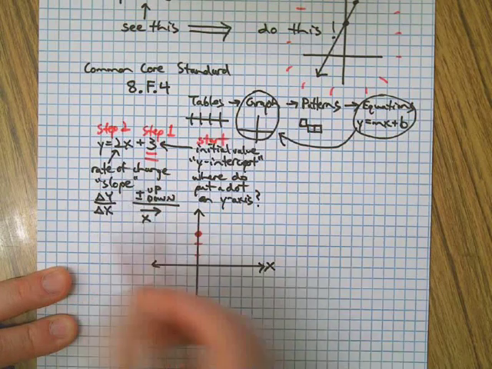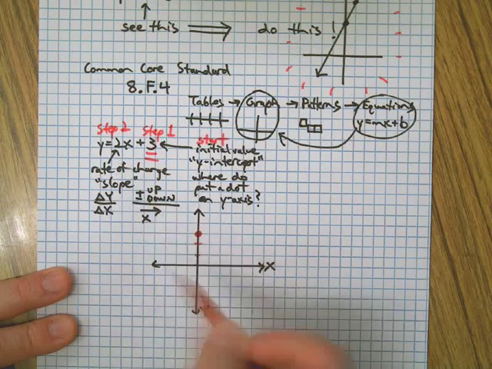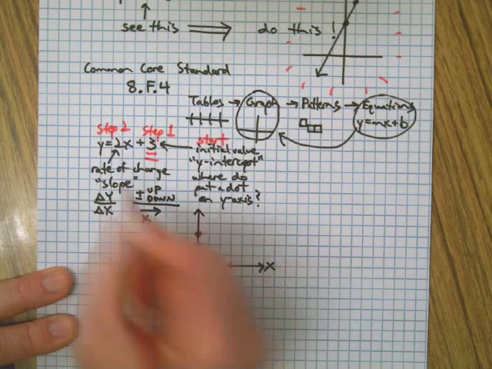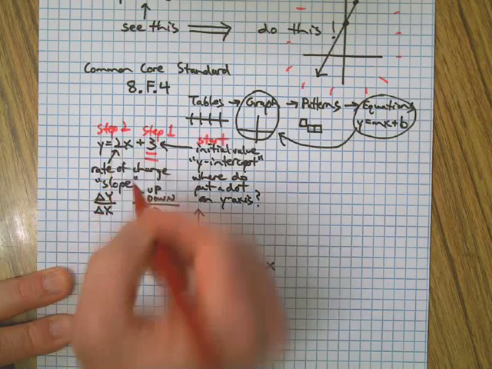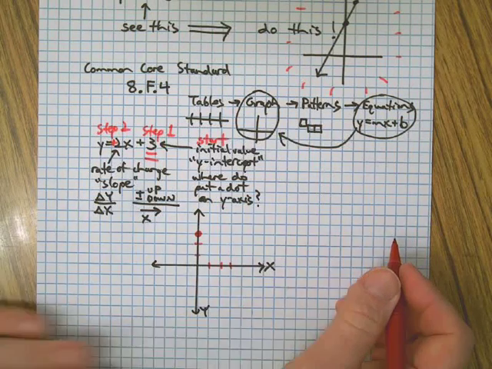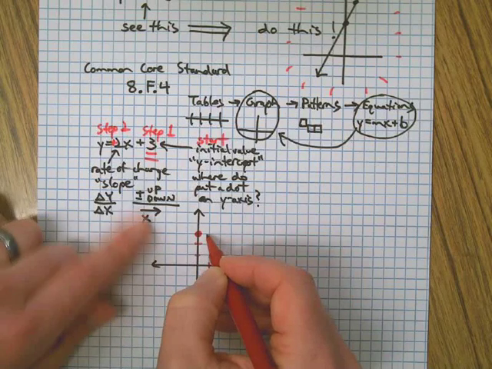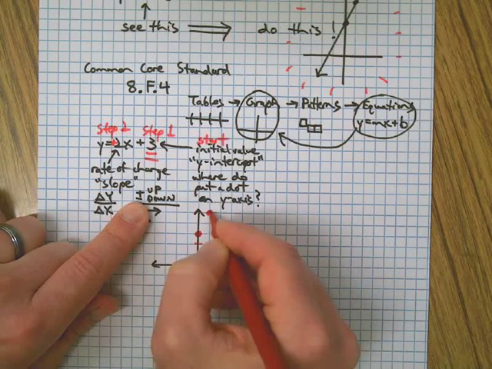What is the rate of change? In other words, how much does y go up or down each time I go across 1 x? The answer is 2. It goes up, because it's positive. We don't see a positive sign there, but 2 means positive 2. So from this point, x goes over 1, y goes up 2.